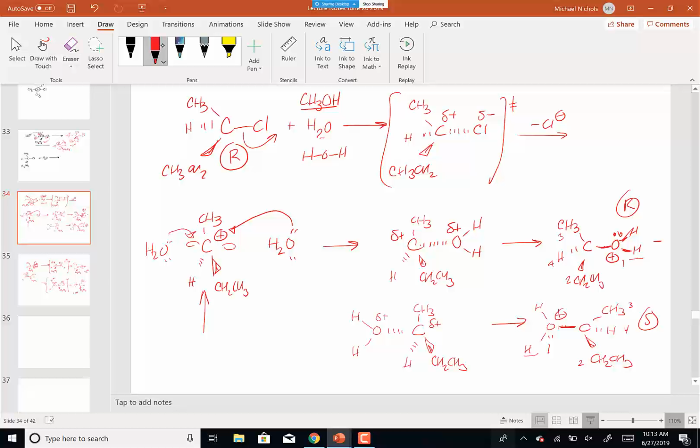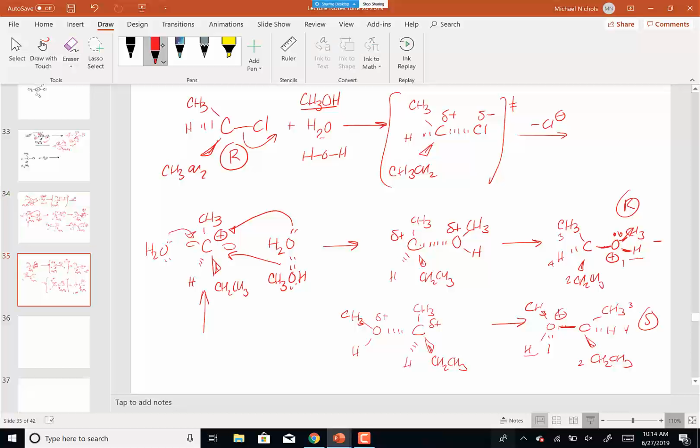If I change this mechanism over, all I'd have to do is say, okay, down here, CH3OH, arrow, adding to the carbon. Over here, what happened to one of these H's? They become a CH3. Over here it becomes a CH3. Over here it becomes a CH3. Over here it becomes a CH3.